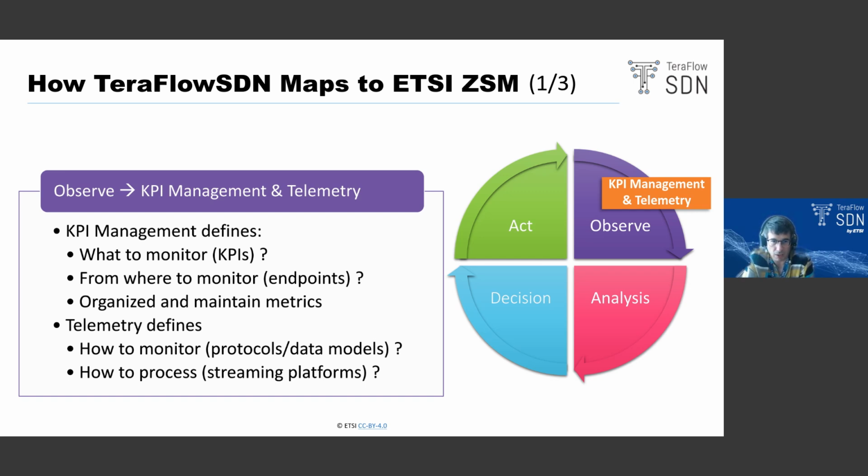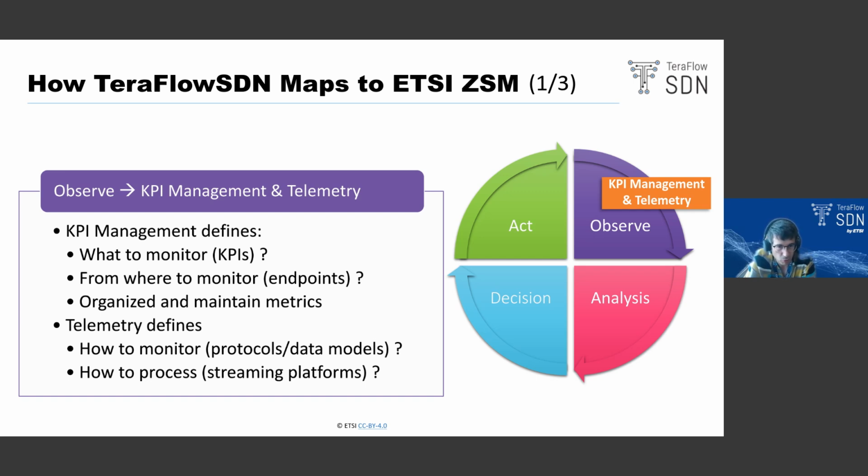So in the observe phase, we have a component which is called the KPI management and telemetry. The KPI management helps us to define what to monitor, which are the important KPIs, from where to monitor, which are the endpoints which we need to focus on for checking these KPIs, and to organize them and maintain the metrics.